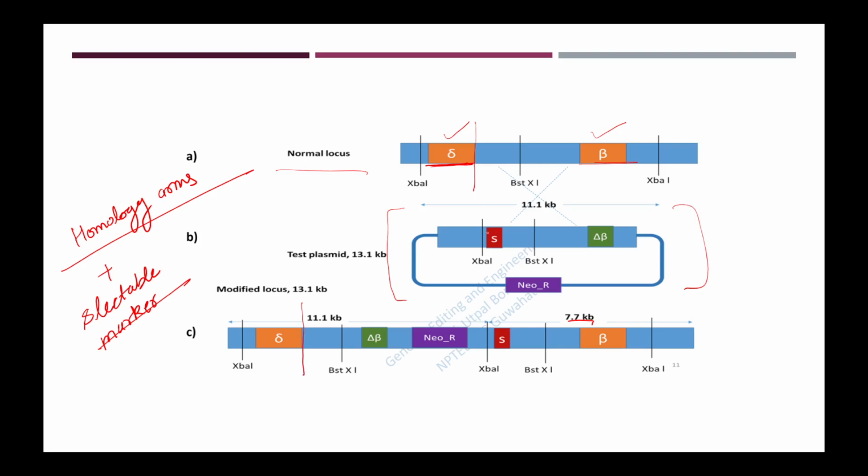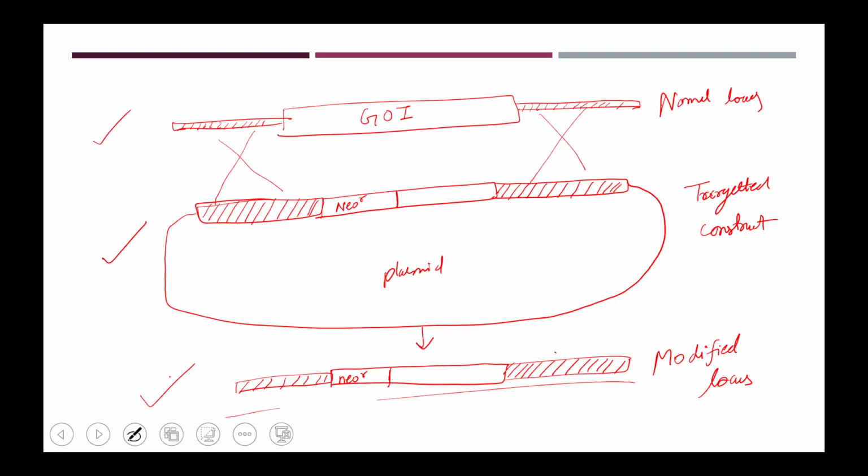Then from here, the recombination has taken place, so this portion will come here, followed by the delta beta gene, which is a non-functional gene. Then followed by that, you will have the neomycin resistance gene, then again this sequence, and then the remaining sequence of this particular locus will come.